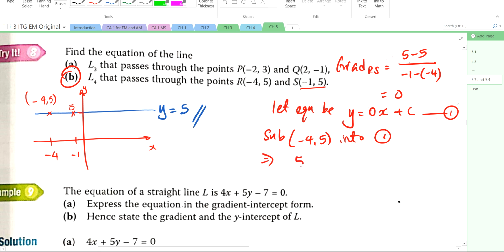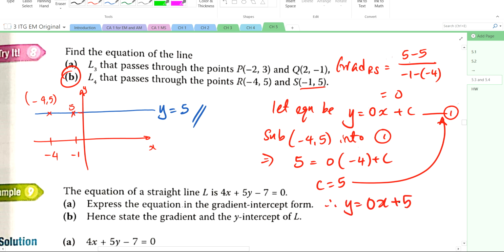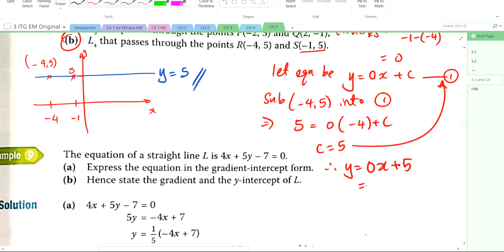So we get 5 = 0 times -4 + c. c = 5. So now you sub it back into our equation to get y = 0x + 5. And since nobody writes 0x, our answer is y = 5. Okay? No discrepancy between what is shown in the graph and your working.